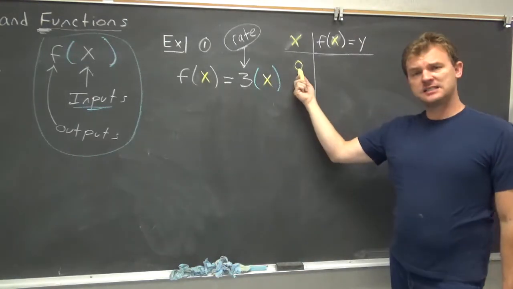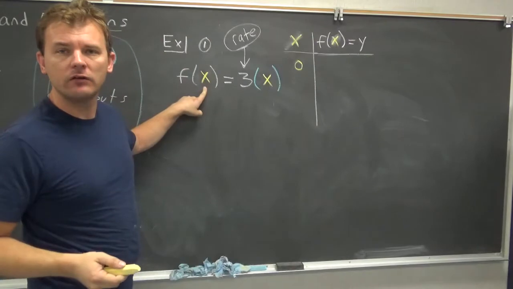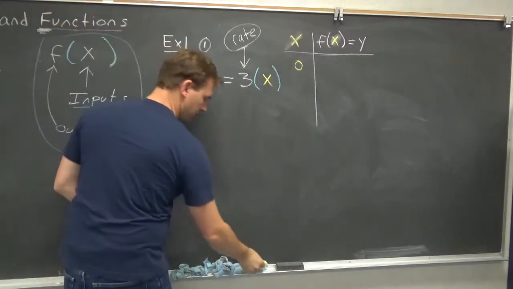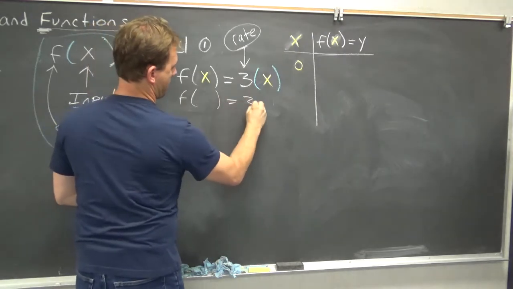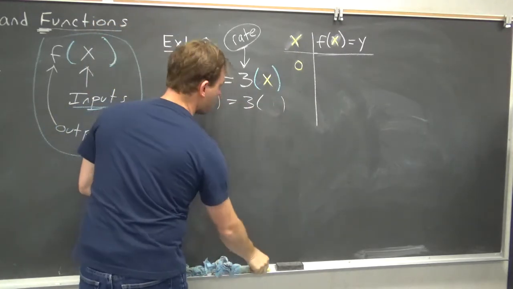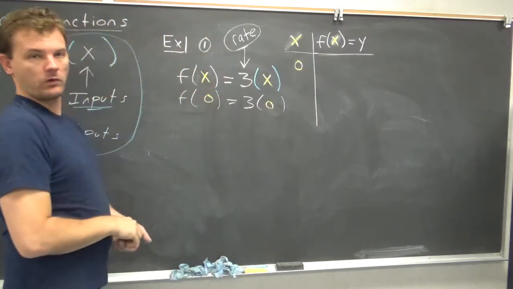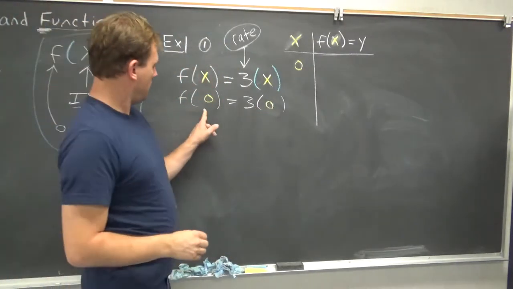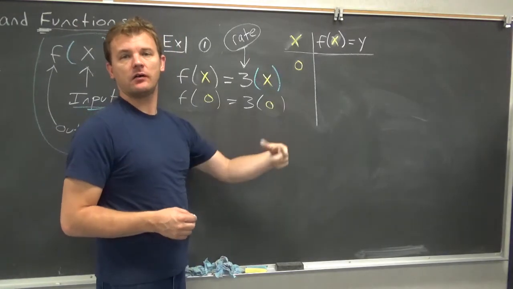You're going to take this and you're going to put it in here. So you're going to do something like this. Okay. What is 3 times 0? 3 times 0 is 0.